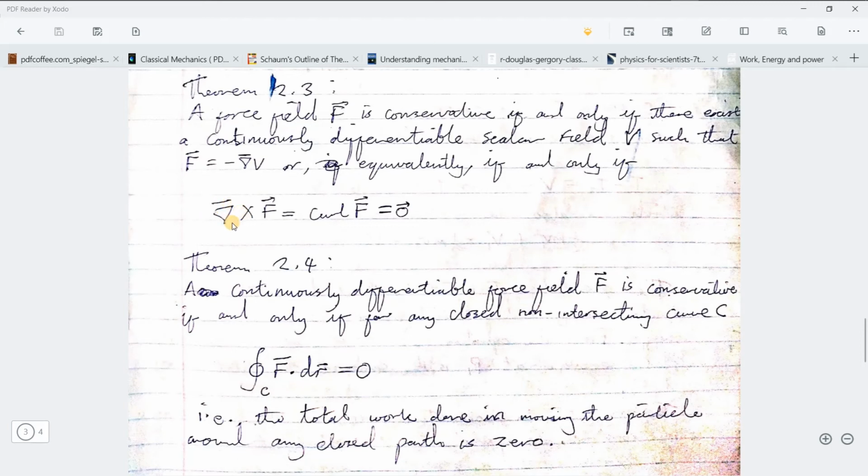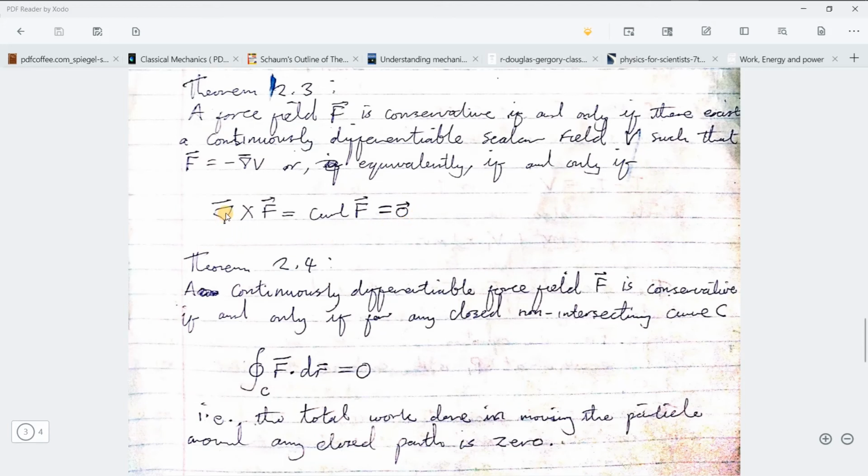You have to take this operation del cross F, which you can read as the curl of F, which must be equal to 0. If you can prove this, then you have proved that the force field is conservative.